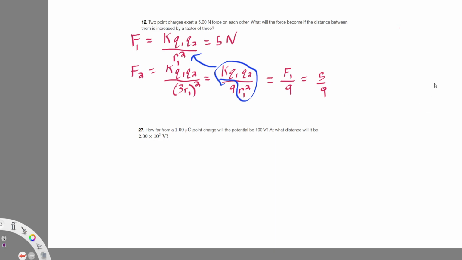All right, so that's question 1. Question 2 asks us about the electric potential of a point charge.